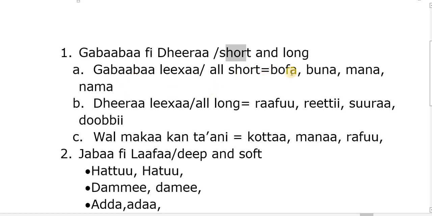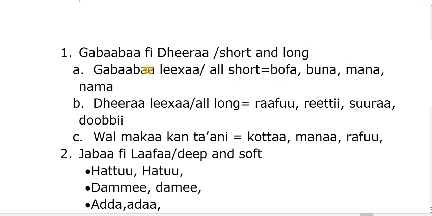I didn't say bofa, buna, mana, or nama. I say nama. If I make it longer, it is nama. Doesn't have any meaning in Oromo.